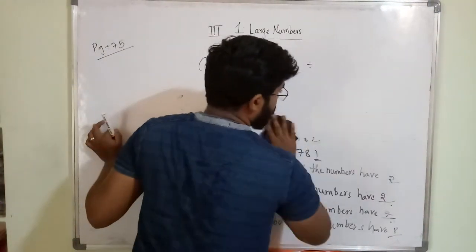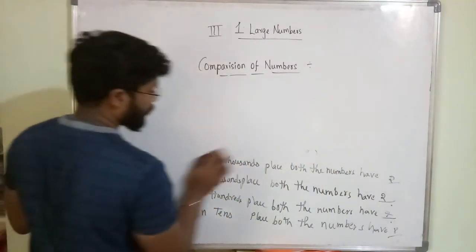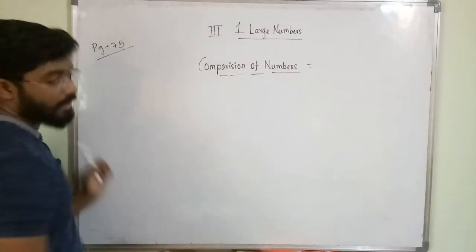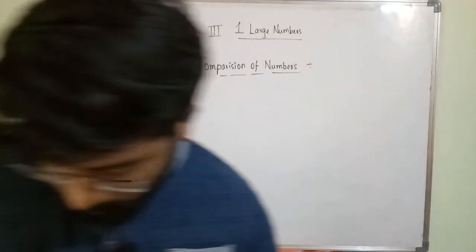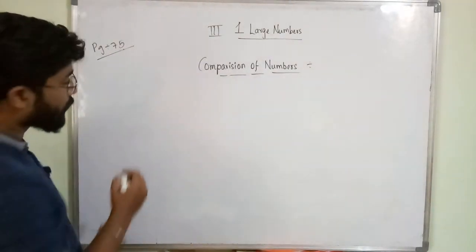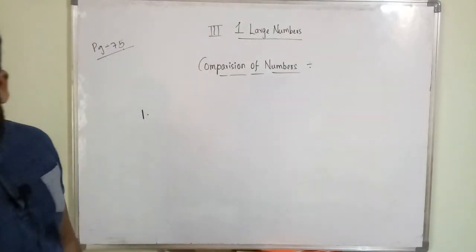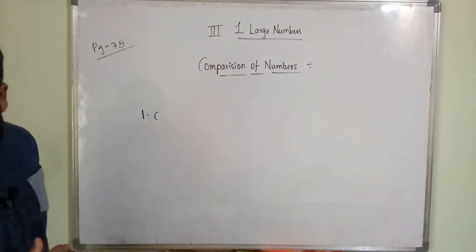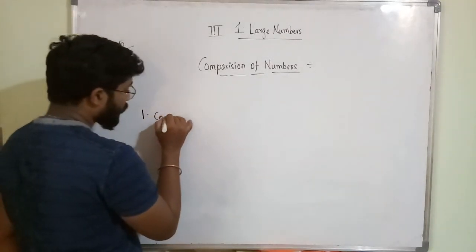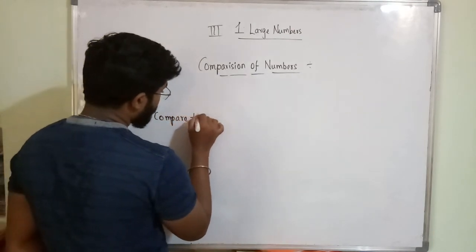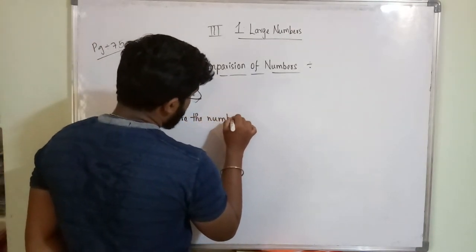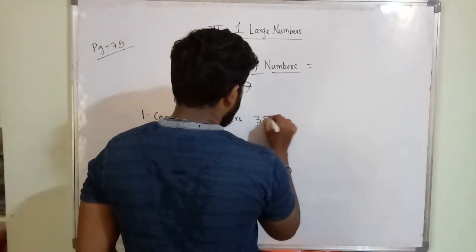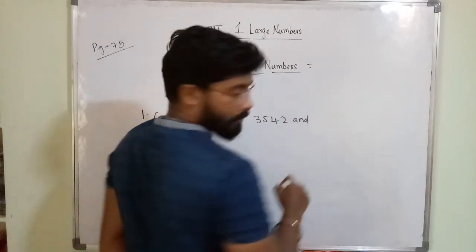Like that you have to check. Here in the page number 75, in the first pink color box he has given: compare the numbers 3542 and 542.